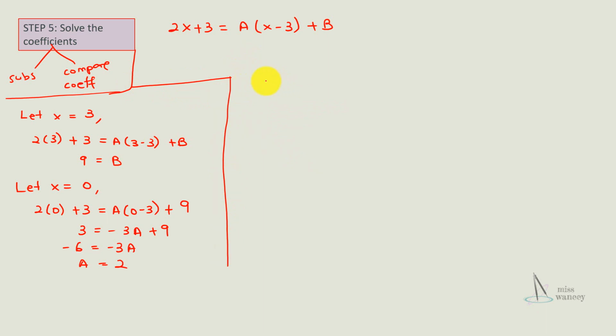So we can use comparing coefficients as well, but of course you have to expand them a little bit. So this is Ax - 3A + B, and this is equal to 2x + 3. So by comparing coefficients, firstly let me compare for x to the power of 1 because I can have the value of A straight away.